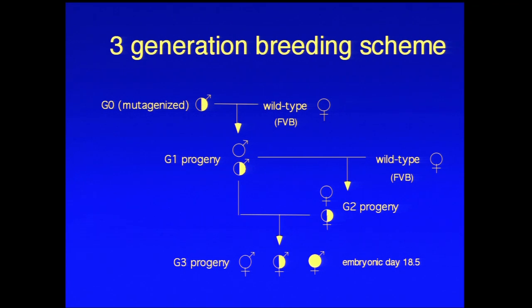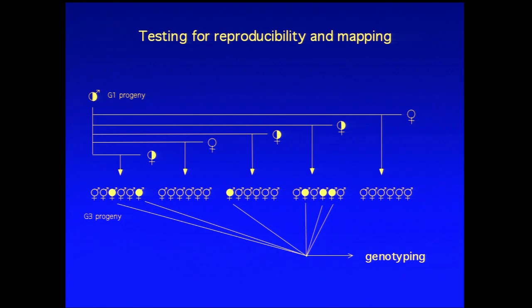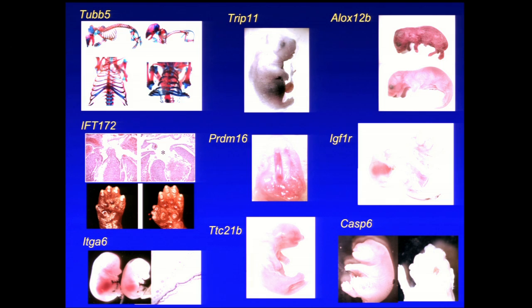We actually do the cross as an outcross, so we're introducing genetic information into the cross, and then as we obtain these affected individuals from multiple related parents, they can go right into a genotyping queue, and we can do positional cloning of the affected mice, and it works very well. So we're able to get lots of interesting phenotypes, and the genetic analysis goes very quickly, particularly these days.